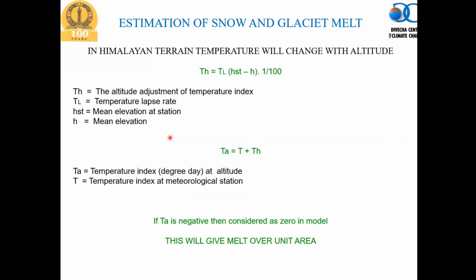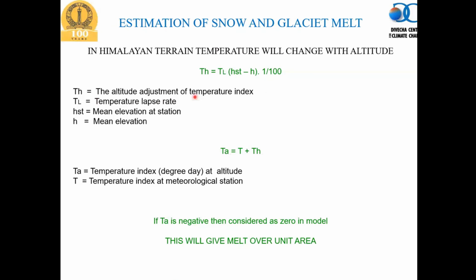In addition to that, if you look into the temperature, particularly in Himalayan terrain, the temperature will change with altitude. We already know that at low altitude the temperature is relatively high, and as you move up in altitude, the temperature is significantly reduced.